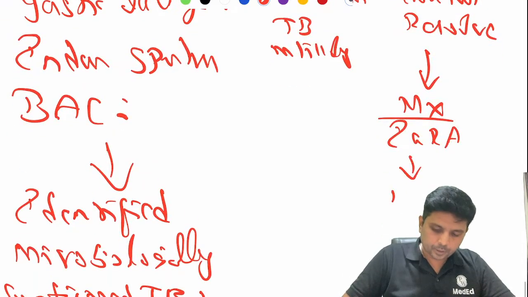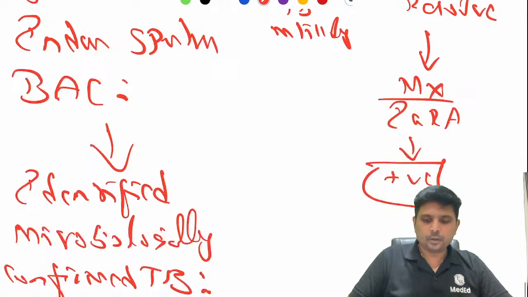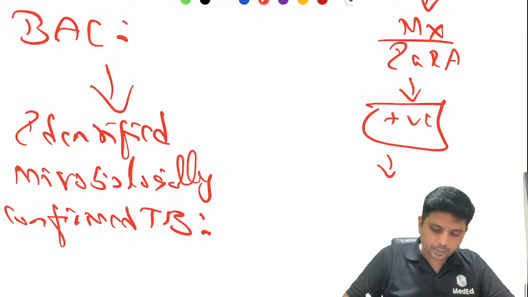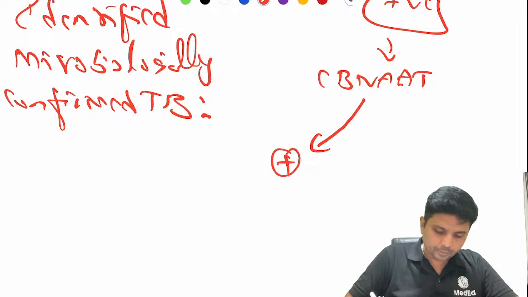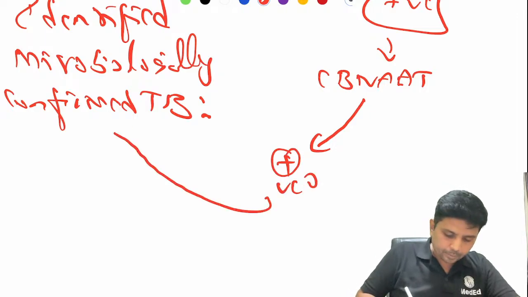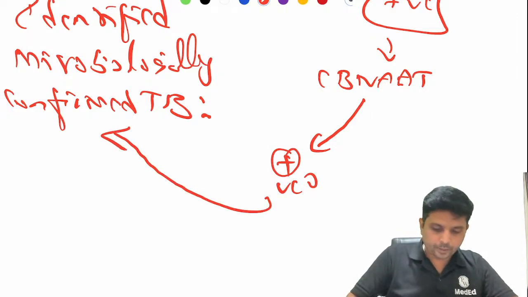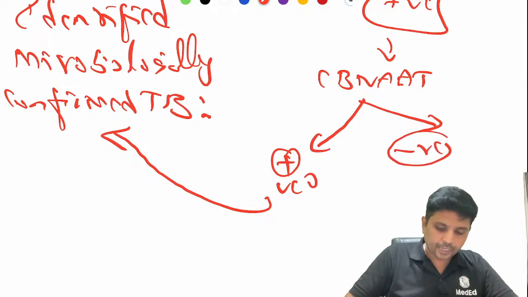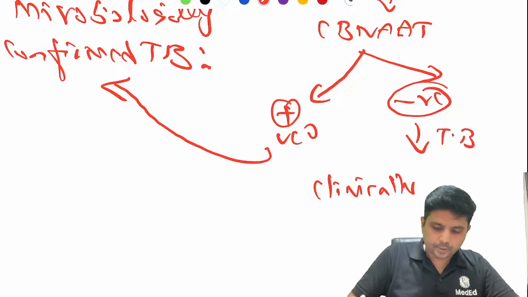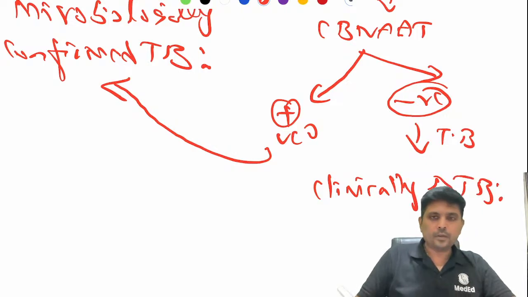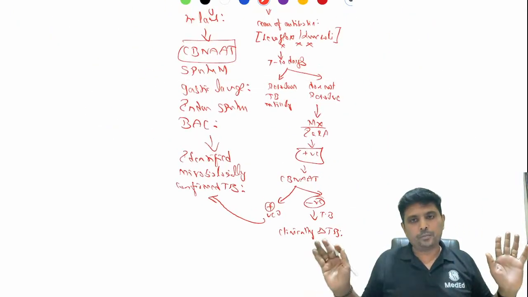If it is positive, you can do CB naught. CB naught positive means you will say microbiologically confirmed TB. If negative, still you think it is TB, it is called clinically diagnosed. This is the TB algorithm.